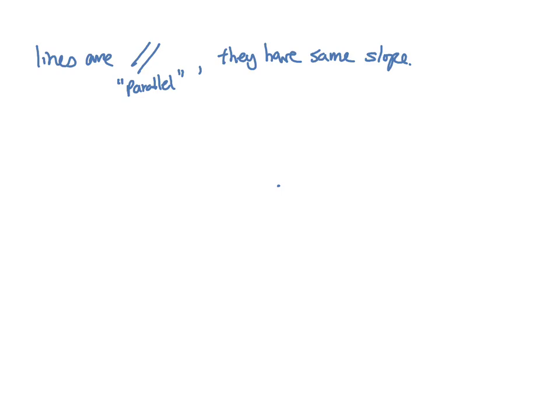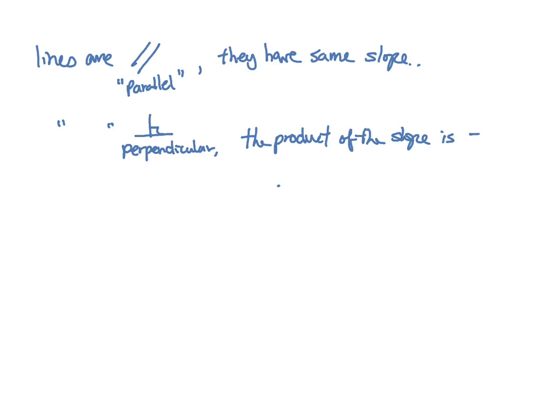And for lines that are perpendicular, notice the little right angle symbol, the product of the slopes is -1.